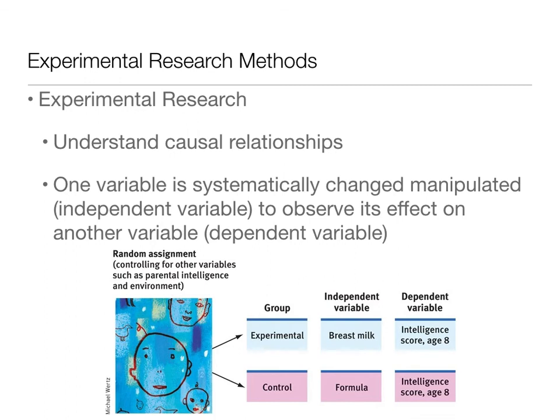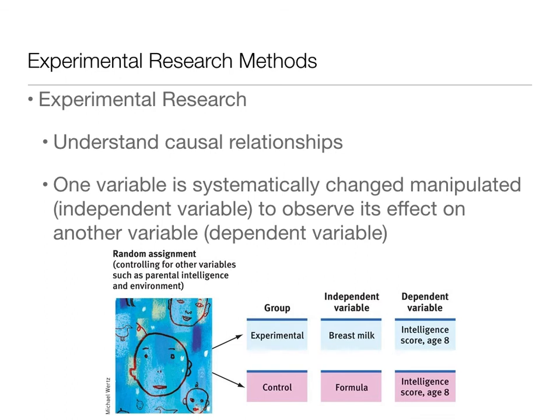So if we were to do a study, and our research question was about breast milk versus formula and intelligence, okay? In this example, we don't really have a hypothesis. In this example, we just have that research question that's given here. But to look at this research question, we need to break up our two groups.